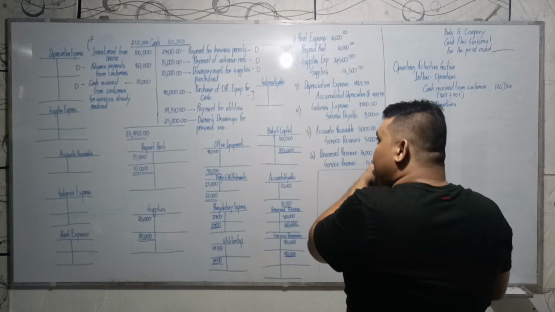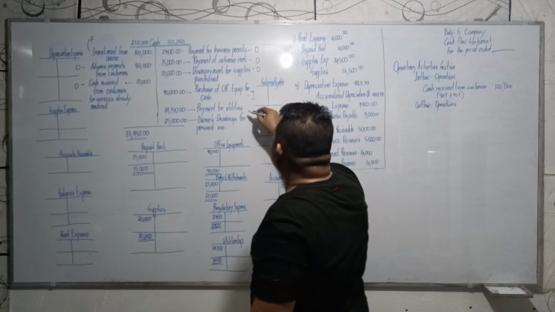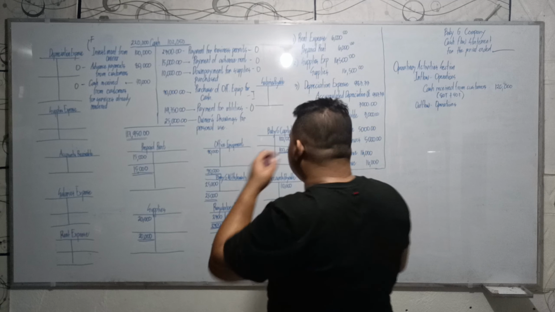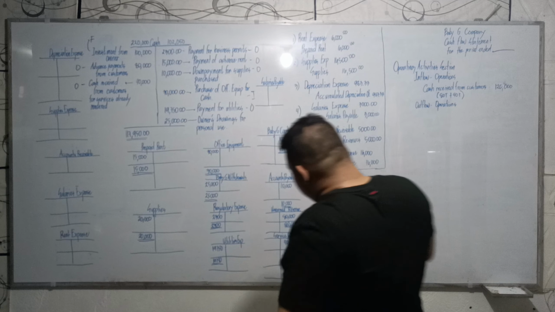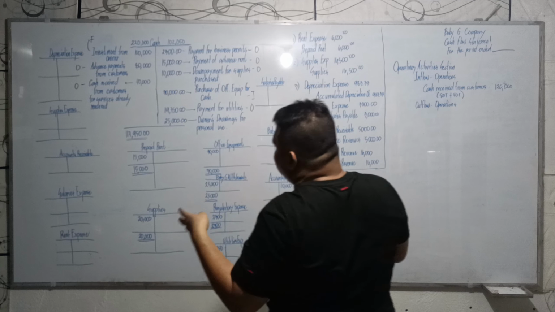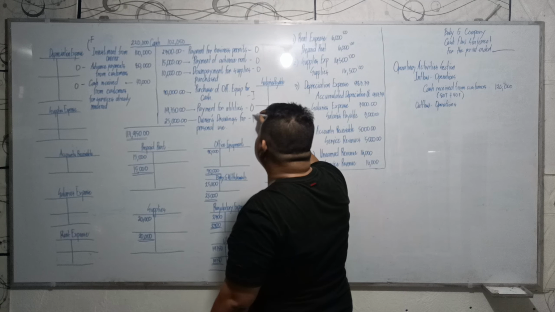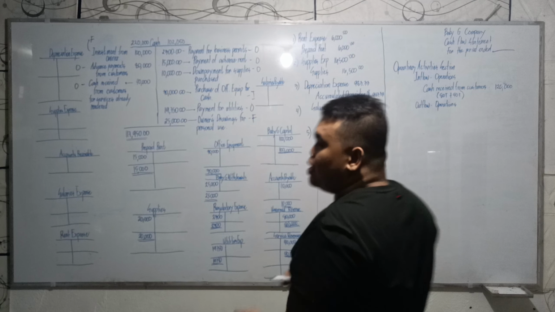And then, payment for utilities. Of course, payment for utilities is related to operations. Actually, you're gonna pay some electricity, water, and etc. because of operations. And of course, this owner's drawings for personal use is financing, something like that.